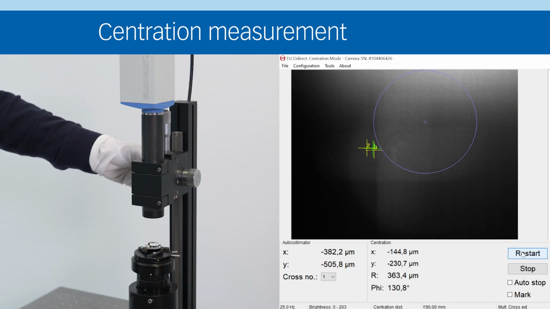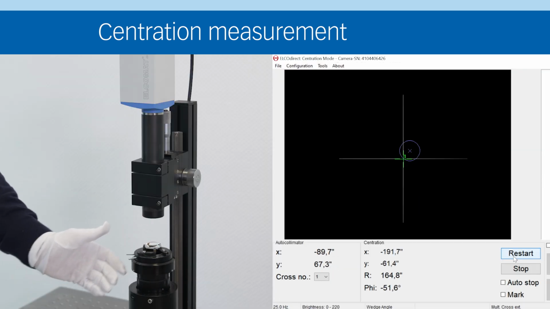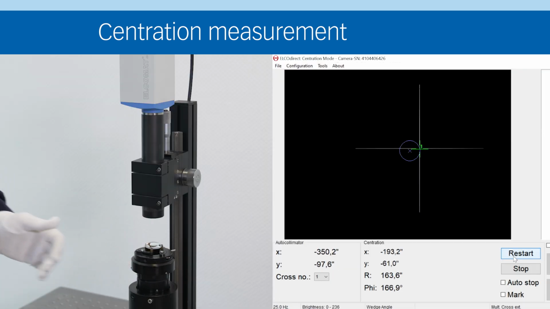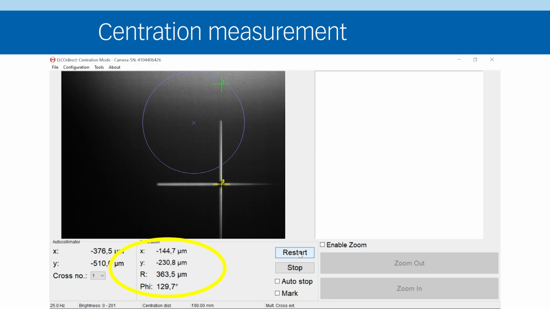Exactly at this position, the corresponding autocollimation image is clearly visible in the live image of the Elcomat Direct-N. If the lens is now rotated, the autocollimation image describes a circle which is evaluated by the ElcoDirect software. Depending on the software settings, the centering distance or the centering angle of the measured surface in relation to the mechanical axis of rotation is displayed.